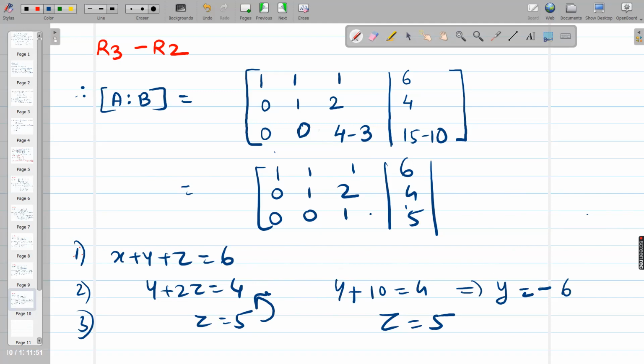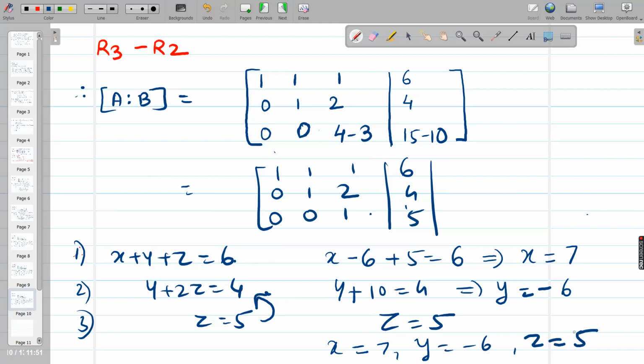I will substitute y equal to minus 6 and z equal to 5 in equation 1. So I get x minus 6 plus 5 equal to 6, which gives me x equal to 12 minus 5, that is 7. So my solution would be x equal to 7, y equal to minus 6, and z equal to 5.